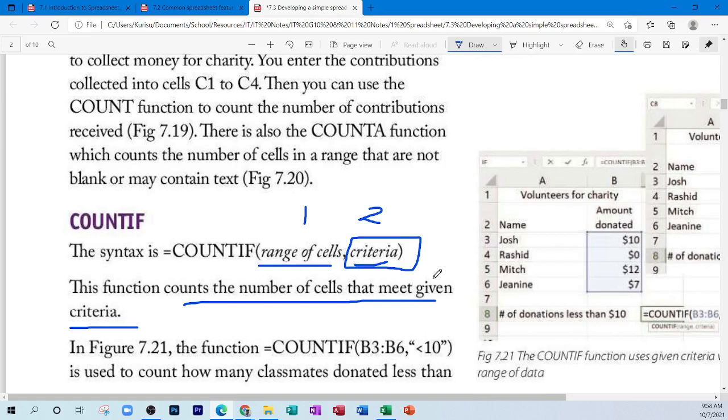So throughout IT, you're going to be hearing about this term criteria. Spreadsheet, you're going to be hearing it a lot. There are other functions that use criteria. In database, you're going to hear about criteria. In programming, you're going to hear about criteria. Whenever you hear this word criteria, think of some sort of condition.